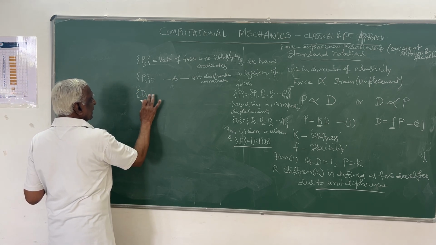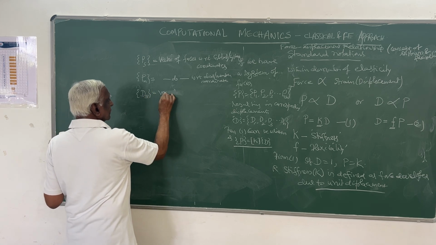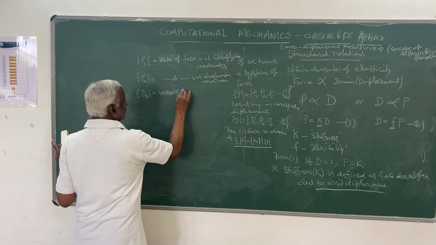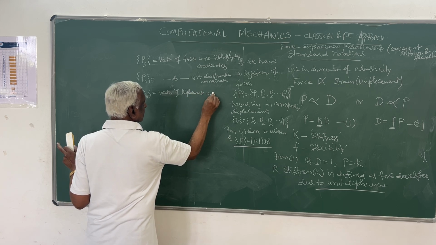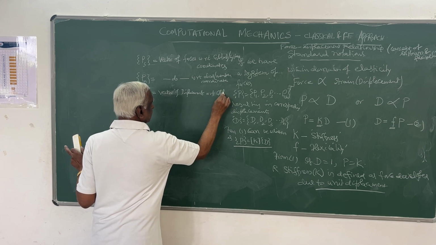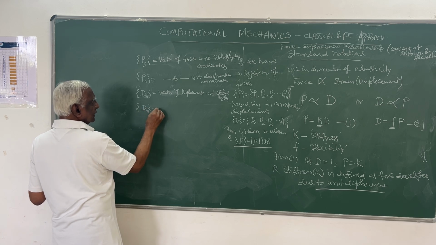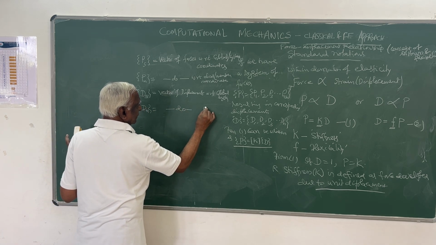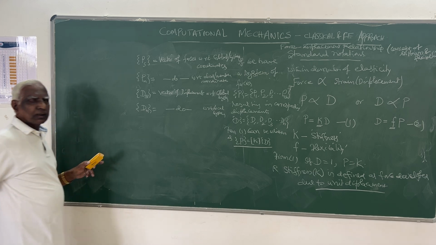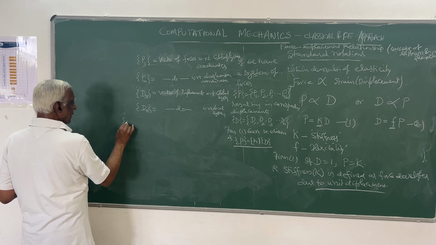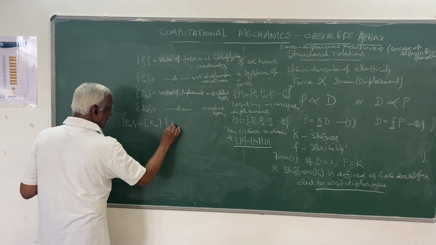Likewise, DS is vector of displacement with respect to global system, and DM is vector of displacement with respect to local system, and PM is equal to KM DM.